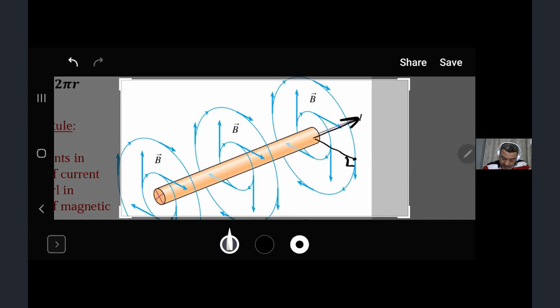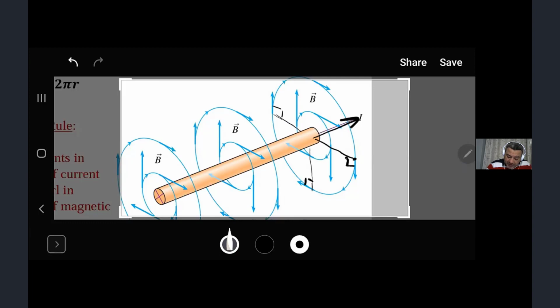Or see this point? Magnetic field is perpendicular. Or that point, magnetic field is also perpendicular and tangential to that circle.